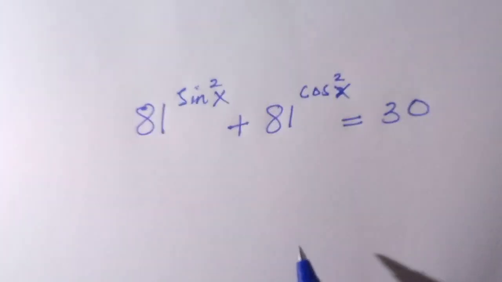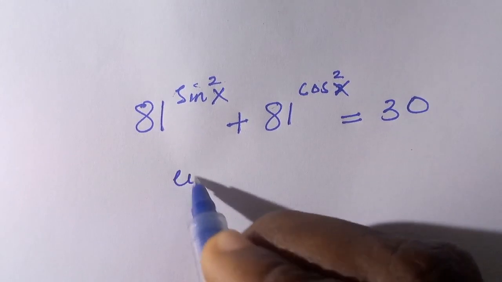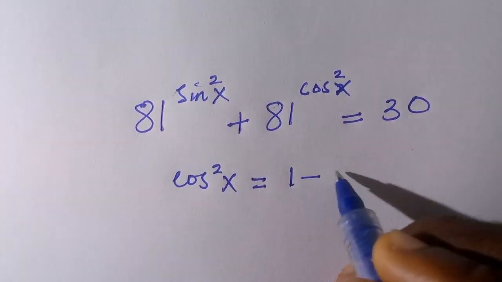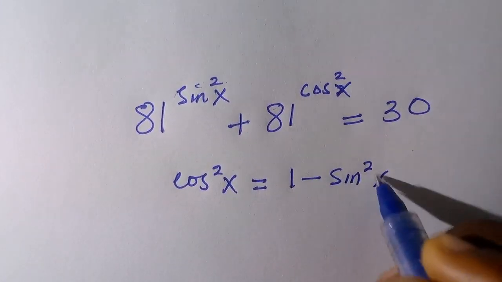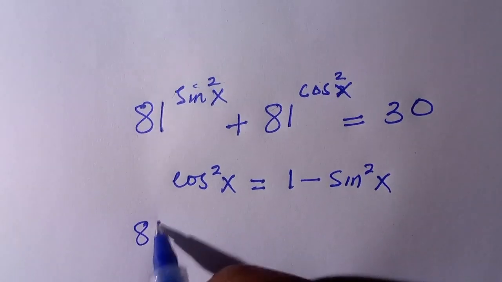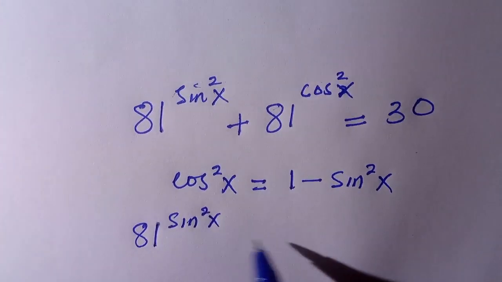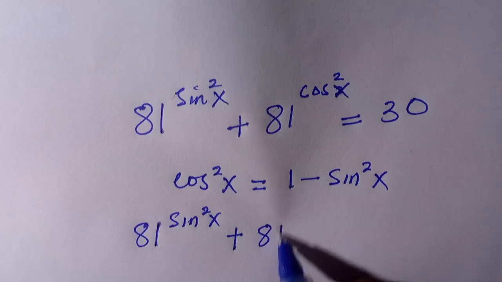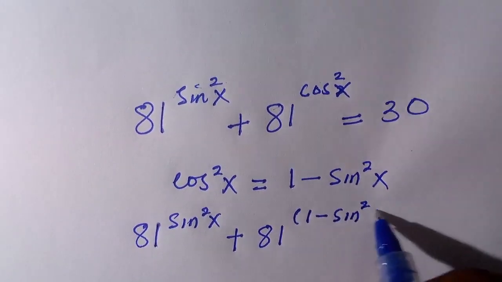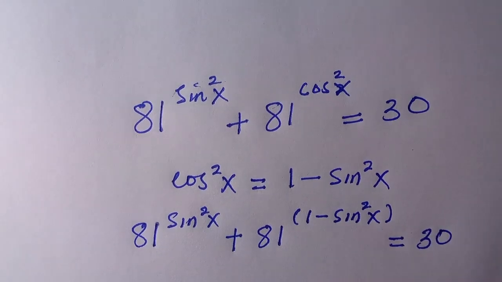Suppose I start with this cos square x, and we know that anytime we have cos square of x, this is given as 1 minus sine square x, and we are going to replace it here. We have 81 raised to power of sine square x plus 81 raised to power of 1 minus sine square x equals 30.